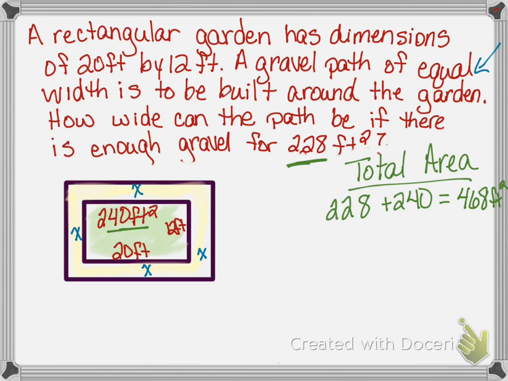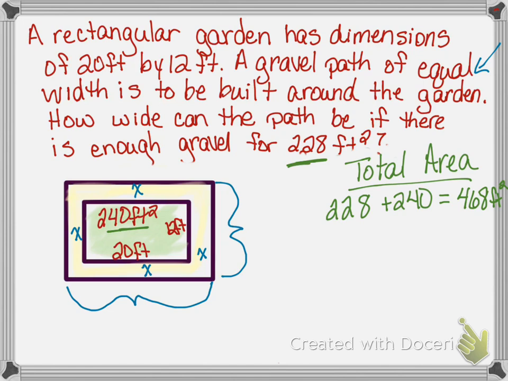Now this is where you've got to take a leap. This is the part that's hard to get. I want to know the length of my larger rectangle and the width of my larger rectangle. So look carefully.